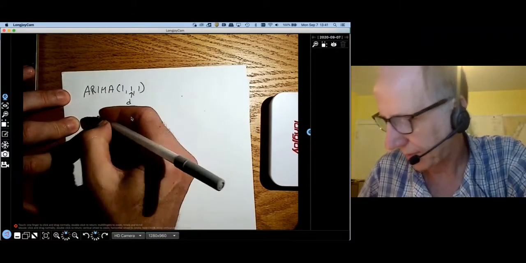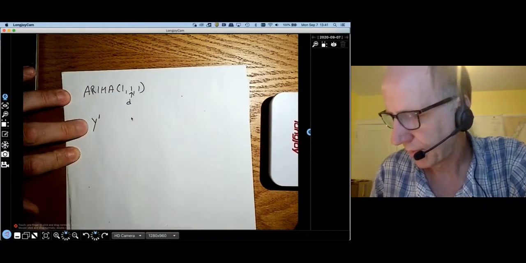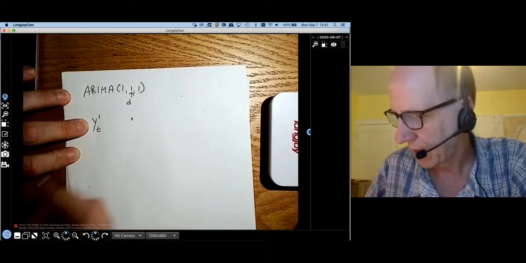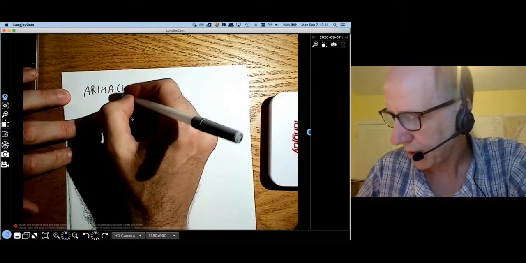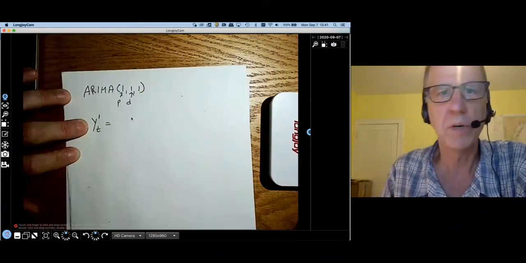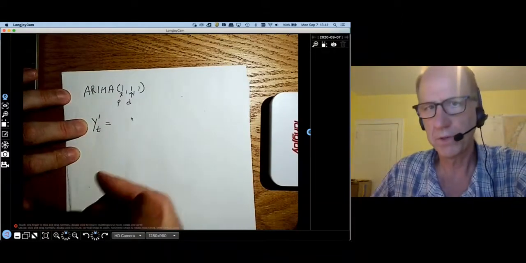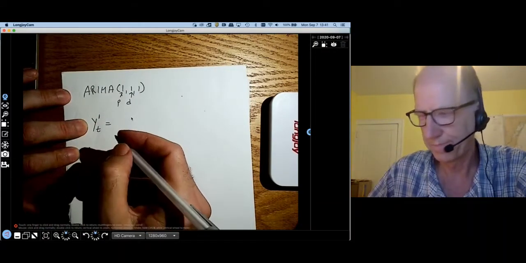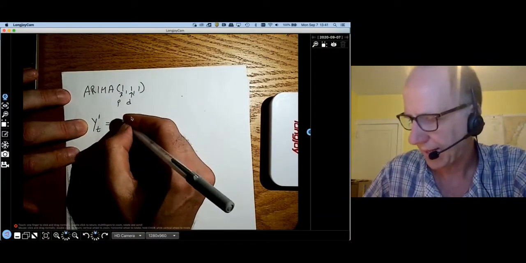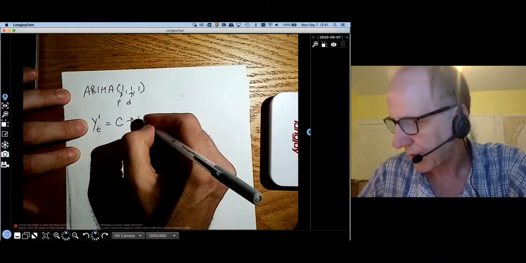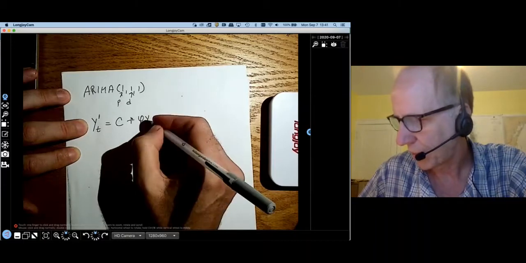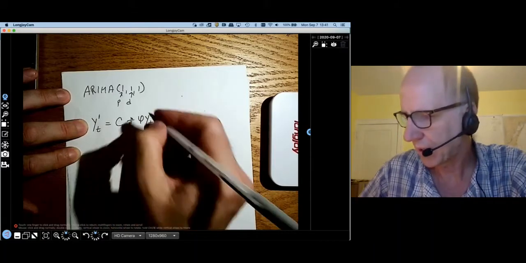So this is saying y prime sub t is equal to, now this term is the number of autoregressive coefficients that we want to include. If we have a drift constant, it's going to be c plus phi times y prime sub t minus 1.